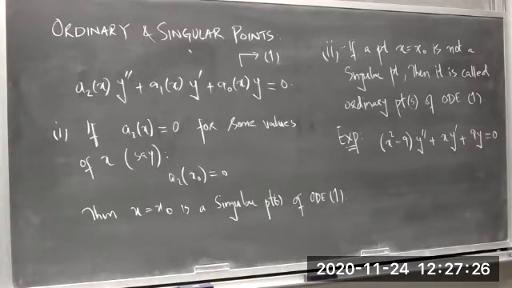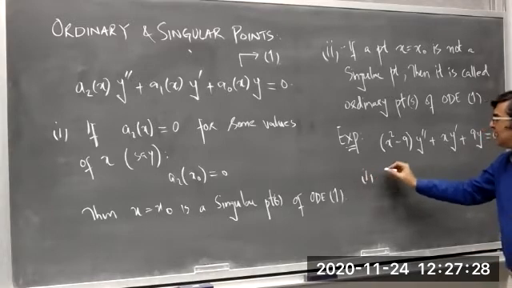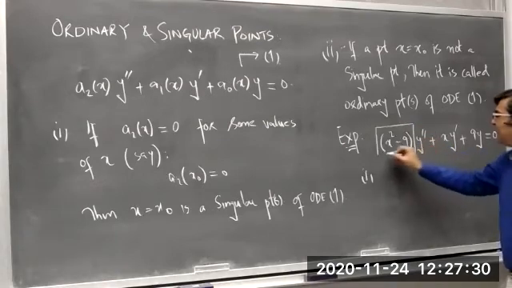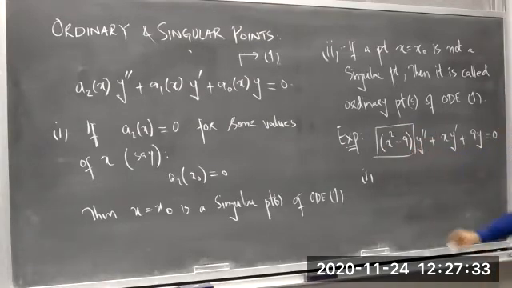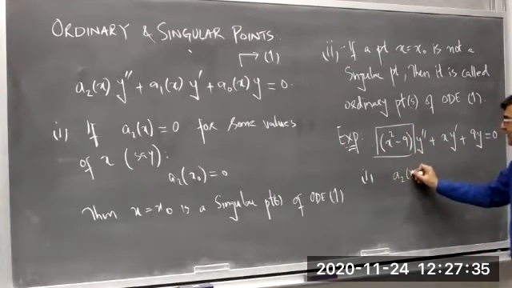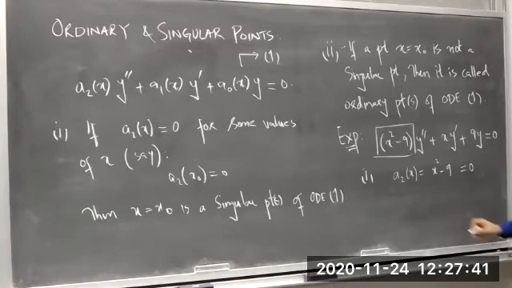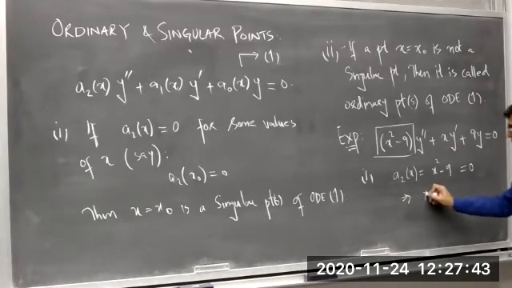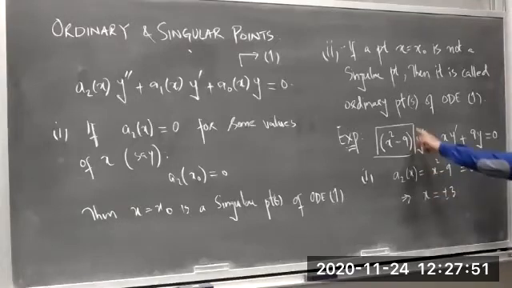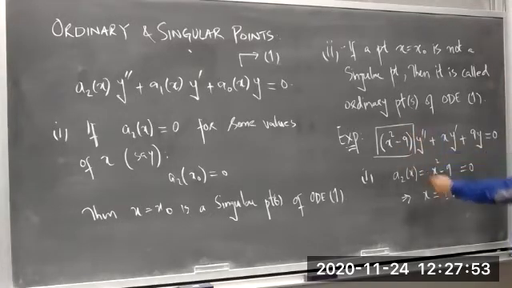Then you can see that the coefficient of y double dash, which is a2 of x, is x square minus 9. If we put it equal to 0, we get x is equal to plus minus 3. So these 2 points, x is equal to 3 or minus 3, are singular points of this differential equation.